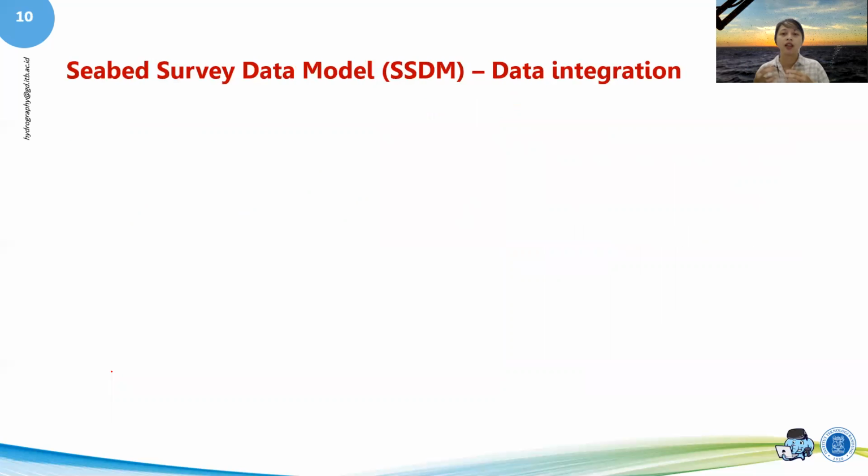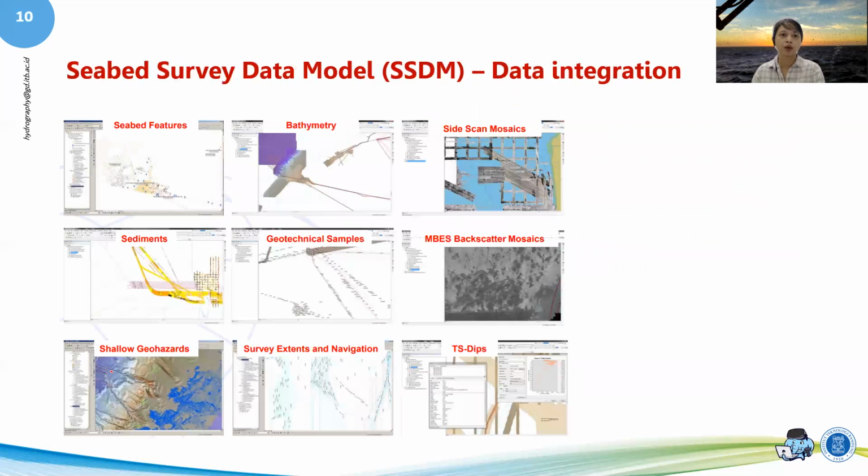Okay, and then now the data integration. So we have already done this as well, but maybe not as many data as we can see. But this is just an illustration of what kind of data you can actually integrate into your GIS. So you've got your seabed features. We have done that. We've got your bathymetry. We've done that.